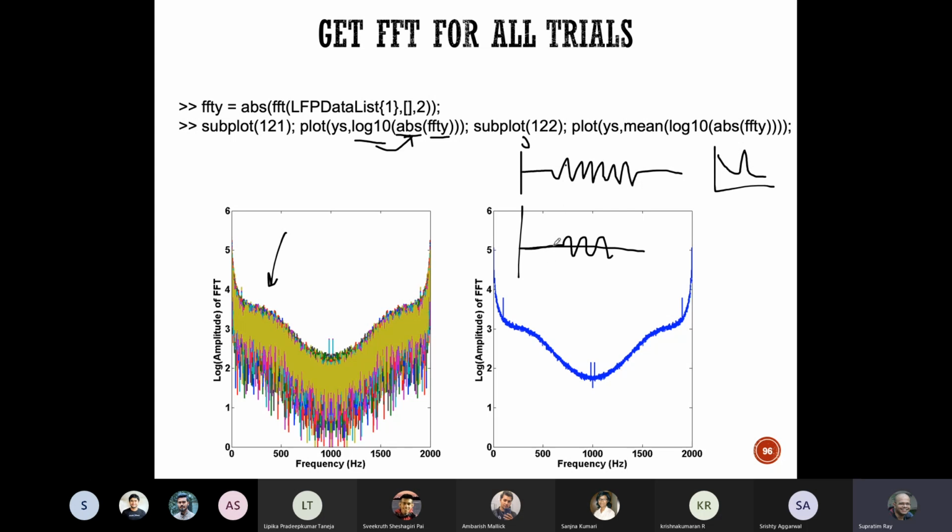Starting at a different phase, where there's a dip here, there's a peak here. This is trial 1, this is trial 2. So the absolute value of the FFT will always have a peak at exactly the same frequency because you have discarded the information about the phase.